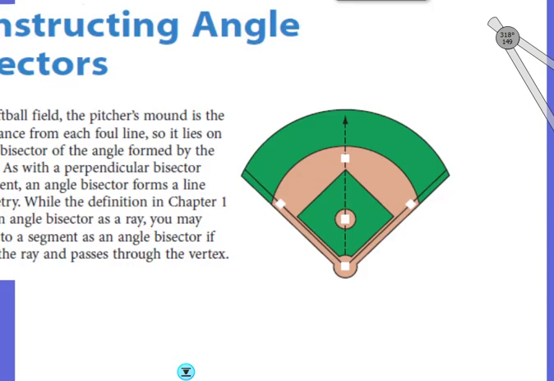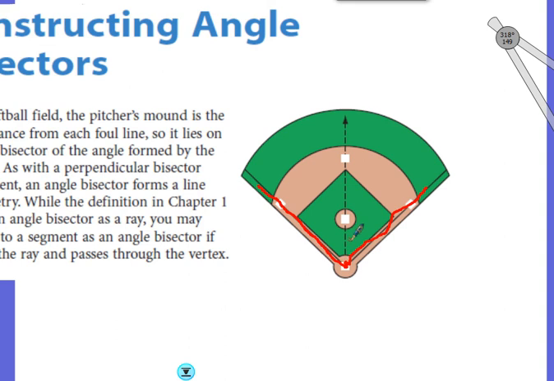Anyone in this class who plays baseball will see what I'm talking about here. If we're making an angle, and our angle is the first baseline, which I'm covering in red, and the third baseline, and this is my vertex, home plate, we have an angle bisector, because this is what we're constructing; you should title this new part angle bisectors.